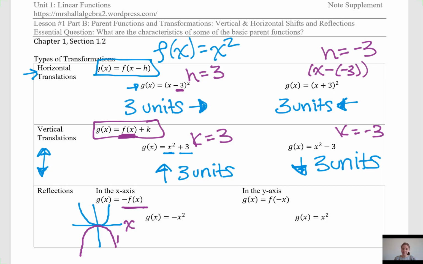Another way of looking at it is negative the y values, just changing all the y values that were positive to negative, all those that were negative to positive. And a reflection in the y-axis, well, that's not super interesting when we're looking at quadratics because that is the exact same function, right? You just think of it like folding on itself, a reflection in the y-axis folds right back on top of itself. And here, the general form is we are negating the x values.